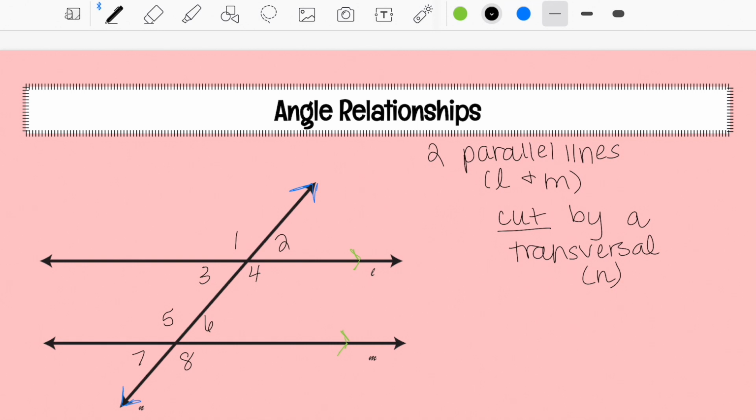In our sandwich, we have the inside angles, and that's what we call the interior angles. If you think of the word interior, think of kind of like interior design, it's on the inside. So these are interior angles. And then on the outside, we have exterior angles.